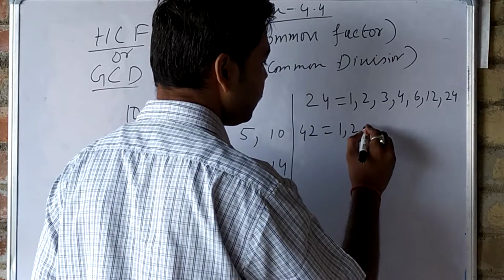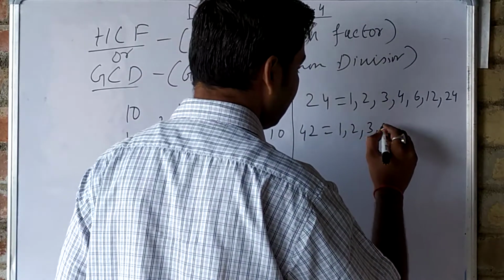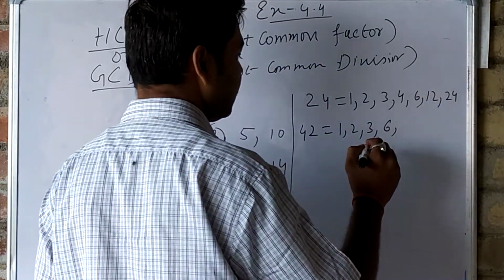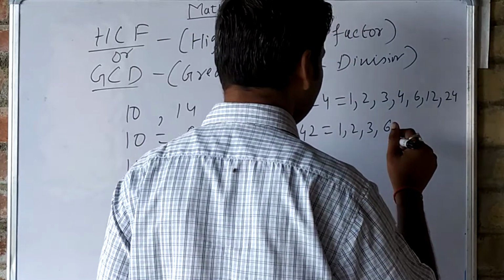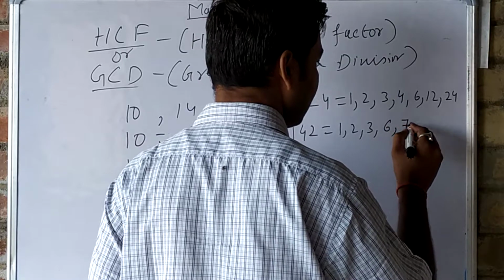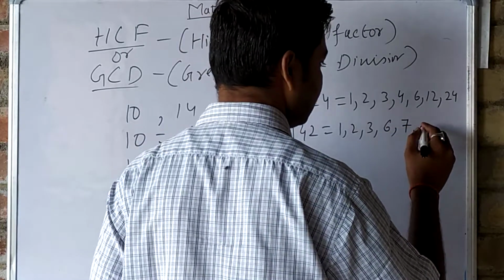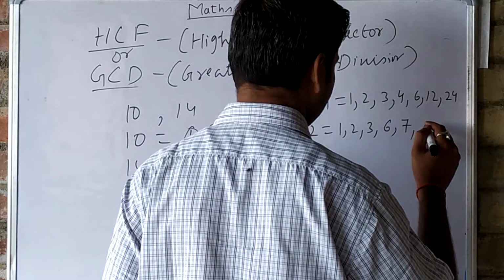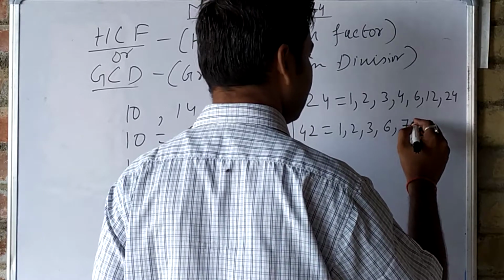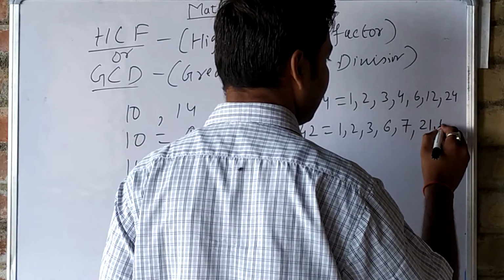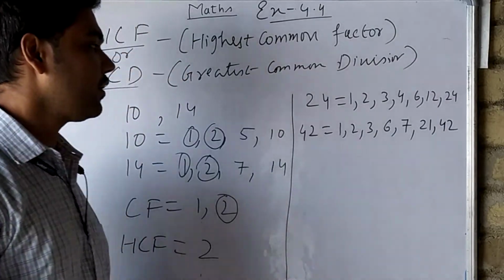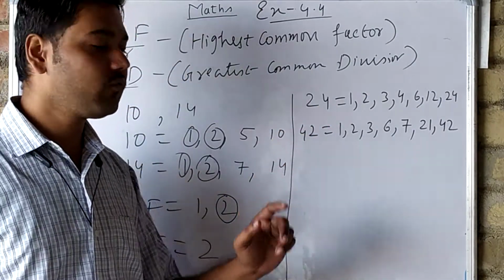Its factors: 1, 2, 3, 6, then 7, then 21 and 42. Understand? So these are the factors of 24 and 42.